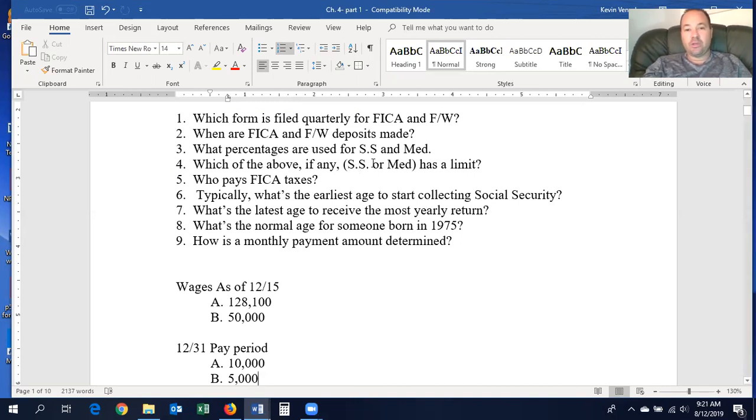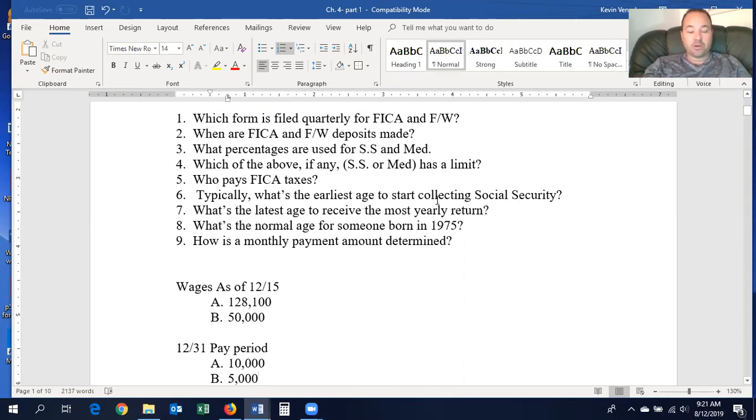Be sure to use what I have told you if you're in future years, like 2020 or 2021. Use what I tell you in your notes. Who pays the FICA taxes? FICA taxes are paid by both you as the employee and the employer. Both parties contribute.